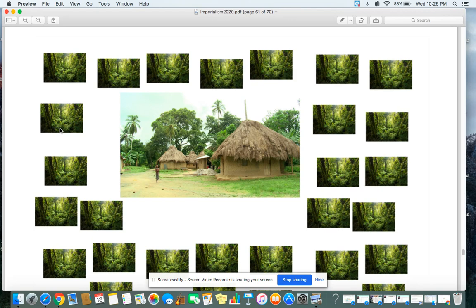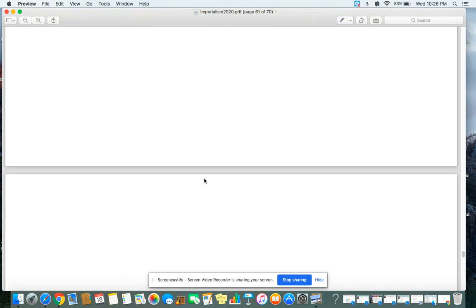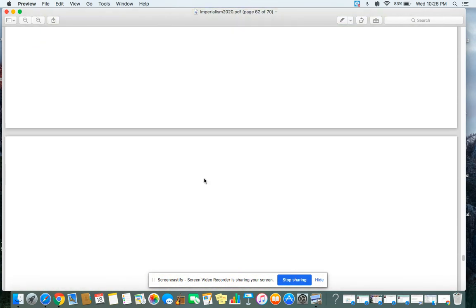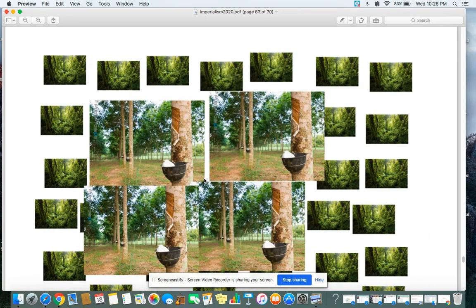So instead of the Europeans having to come in and cut down all this forest to plant the rubber trees and make rubber plantations, it was much easier for them just to burn down this area because this land was already clear, and then they could plant the rubber trees there. And that's what this slide, I think, is going to show here. Burning it down, and then boom, they're putting in the rubber trees. And that's actually how they got rubber.